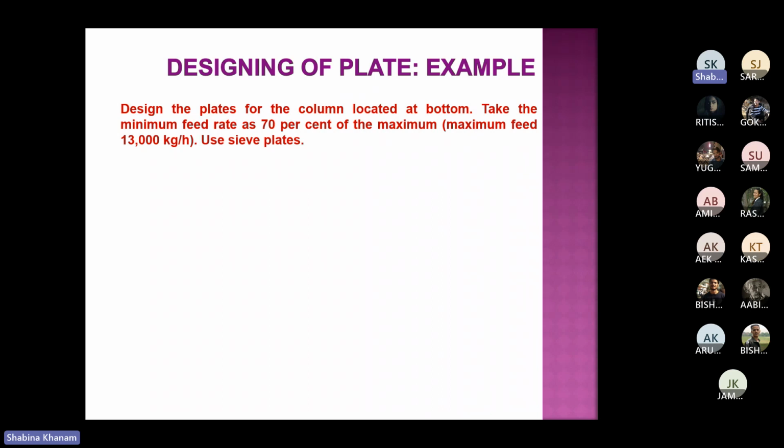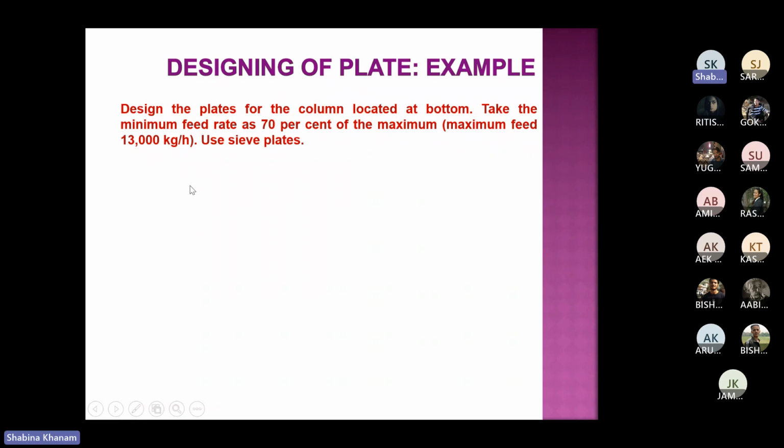Design the plates for the column located at the bottom. So we need to design the plate which is available at the bottom. This location is very important. I'll tell you how to consider that. We have already discussed in previous classes, but with the example, it will be more clear to you. We need to consider the turn down ratio as 70%.